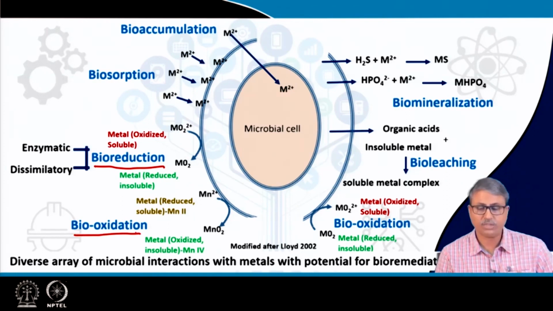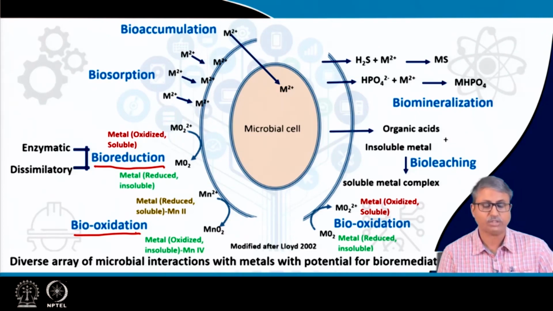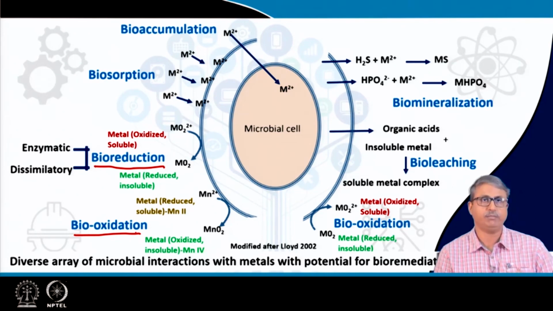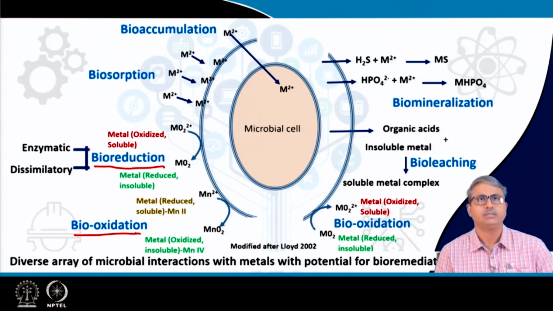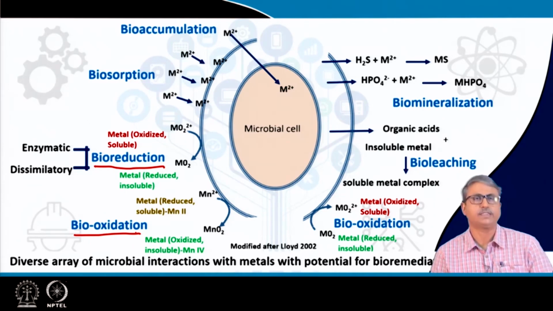The similarity of both these processes, bio-reduction and bio-oxidation, is that in both cases the oxidation state of redox active metals like chromium, arsenic, uranium etcetera is altered. This alteration is done because either these metals or metalloids are used as a source of electrons, so they are oxidized, or they are used as an electron acceptor.